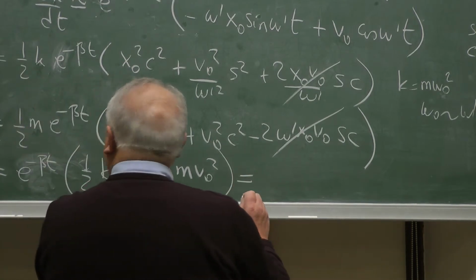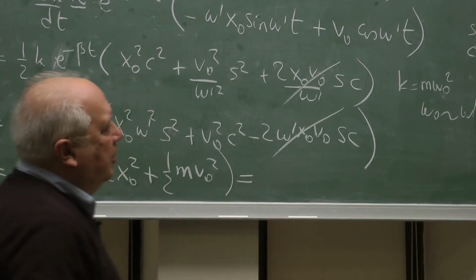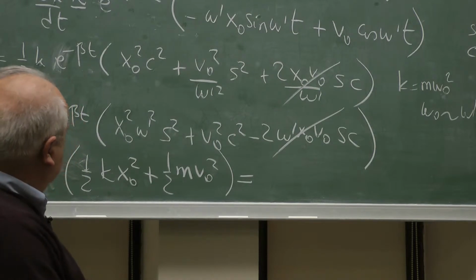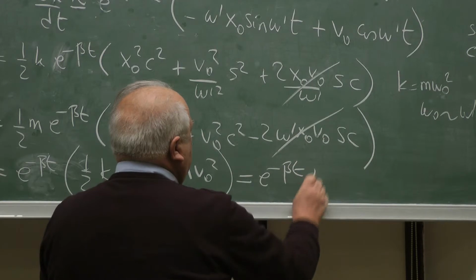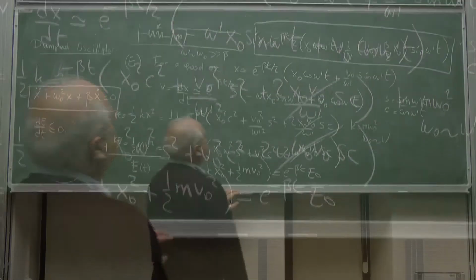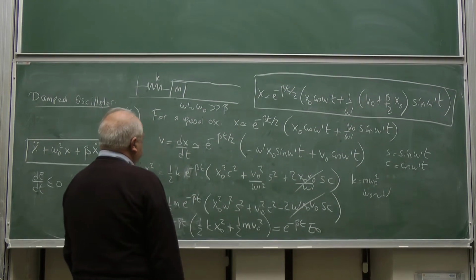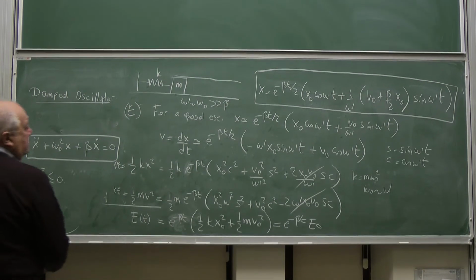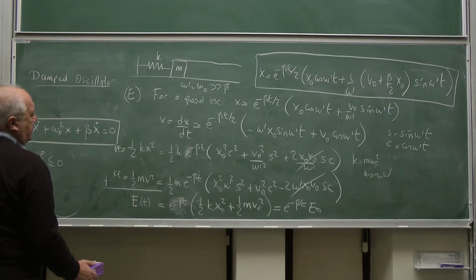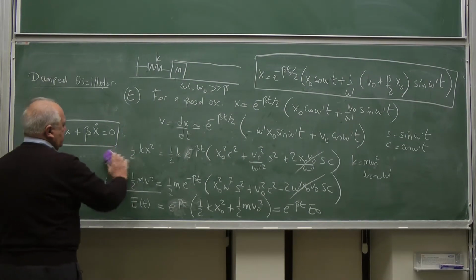So in this limit, in the limit of a good oscillator, we obtained a very simple result, namely e to the minus beta t E0. So I will erase these things.